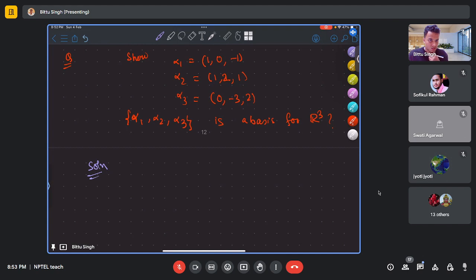What Jyoti is saying is true, but let us check. First we need to check whether it is linearly independent or not.